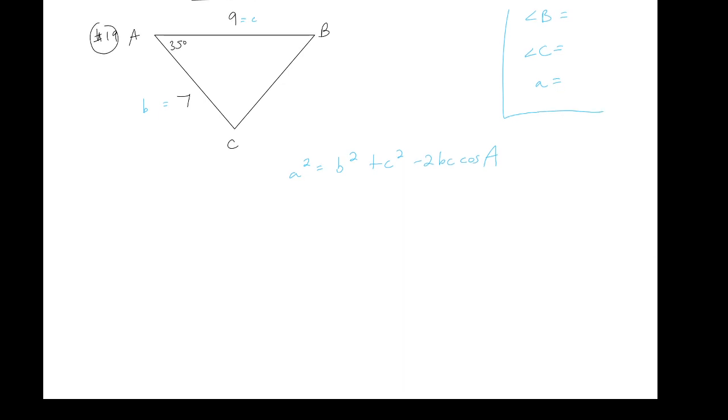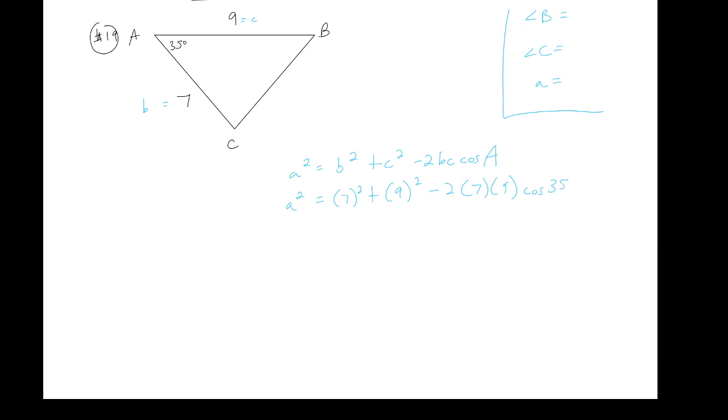Now we have all of those components except for a. So it says a squared is equal to 7 squared plus 9 squared minus 2 times 7 times 9 times the cosine of 35. Okay?